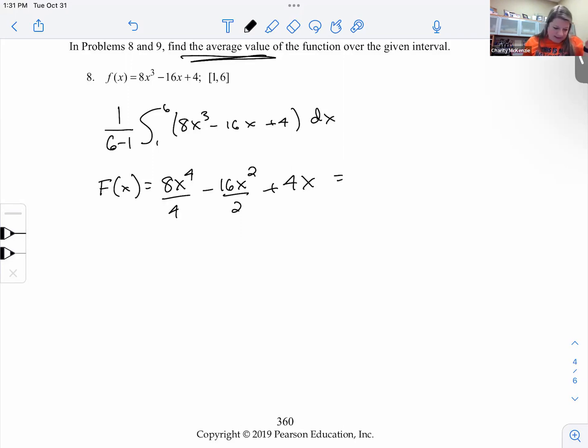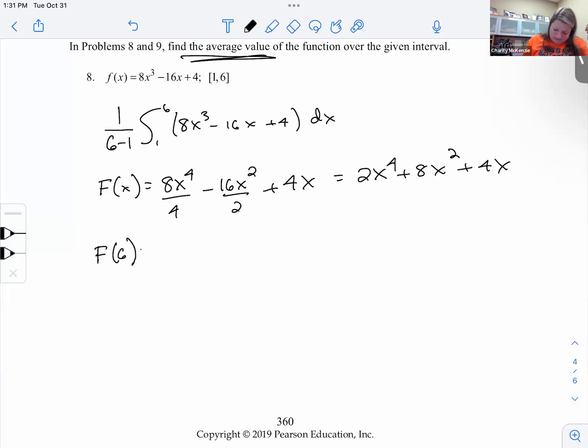So I can break that down to what? Okay, 2, right? 8 goes in there, 2x to the fourth plus 8x squared plus 4x. And then we still got to put in our 2 values of 6 and 1.